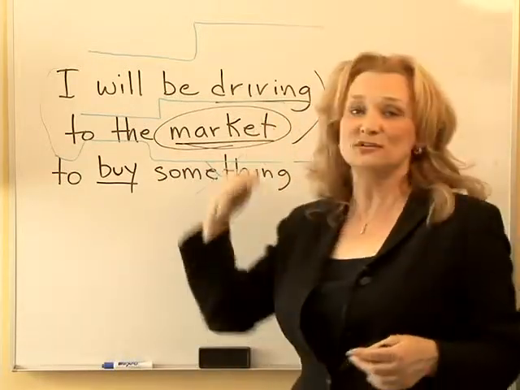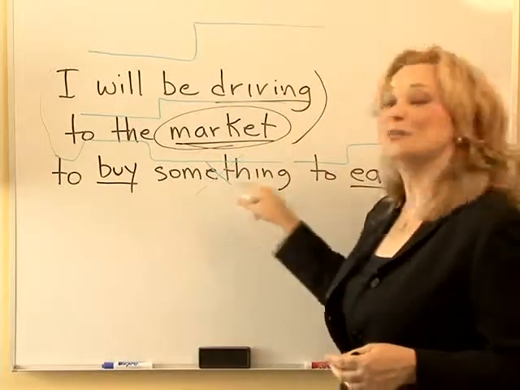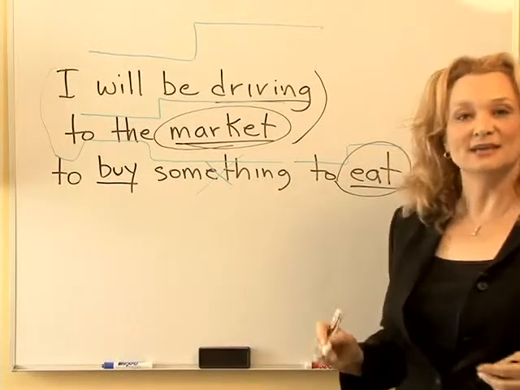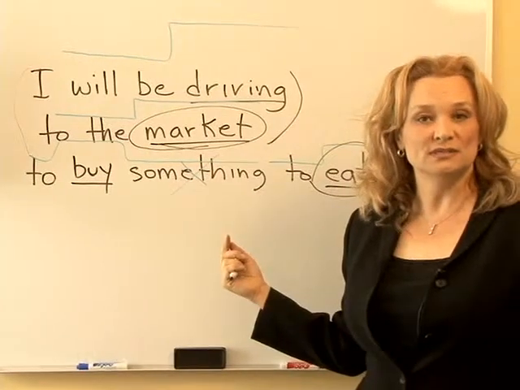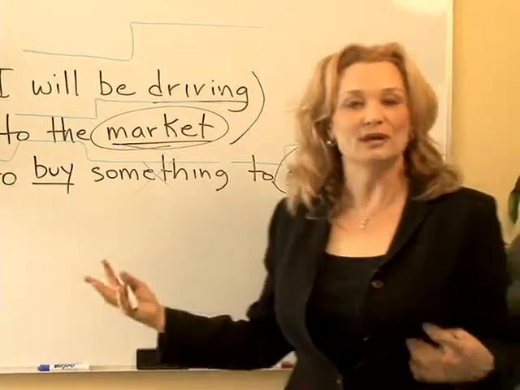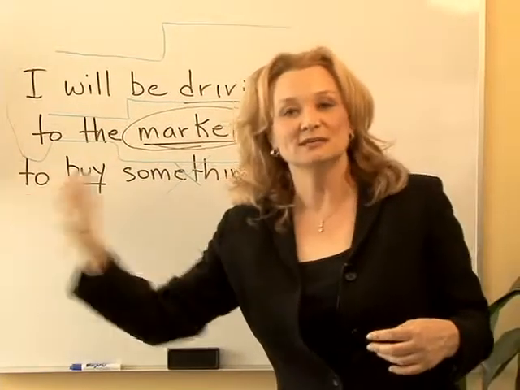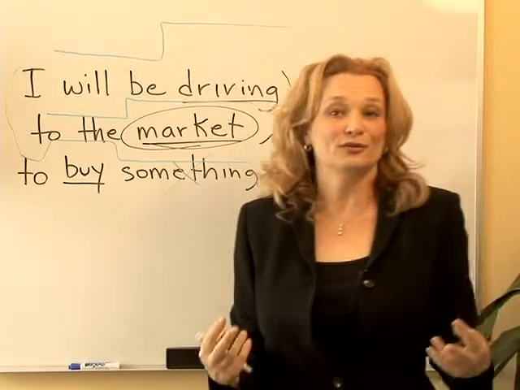I was driving to the market. And then you can pause, to buy something to eat. And eat is your second focus word. So this sentence has two focus words. Sometimes a sentence can have three. For example, I was driving to the market to get something to eat because I was very hungry. Hungry can be the third focus word.